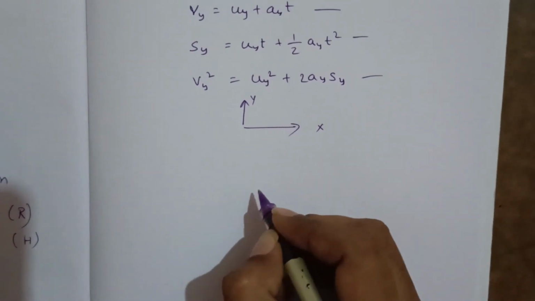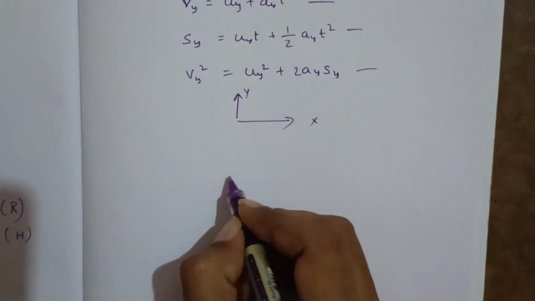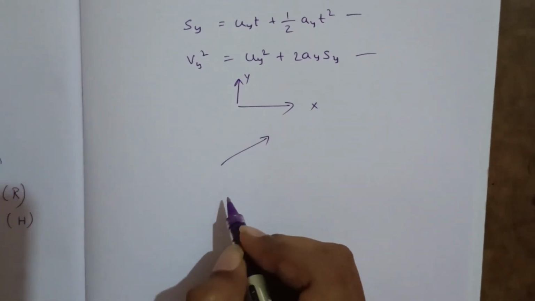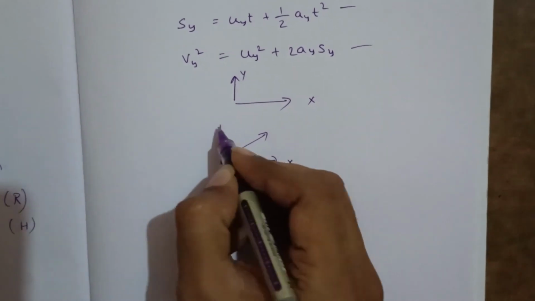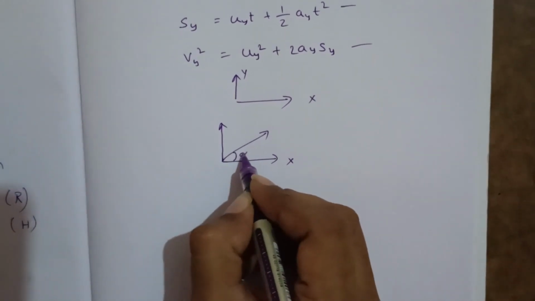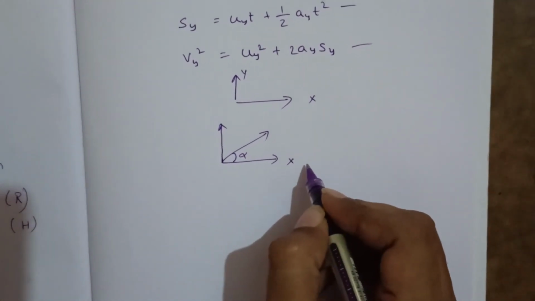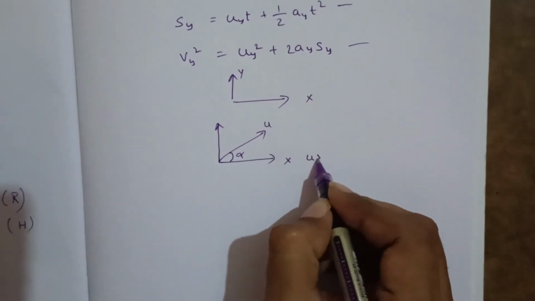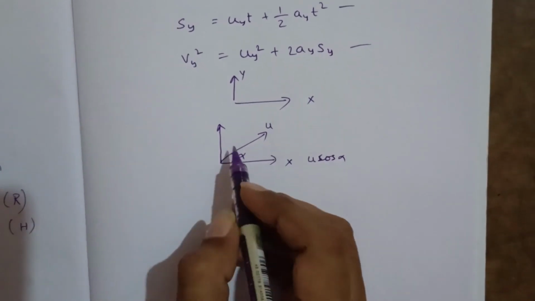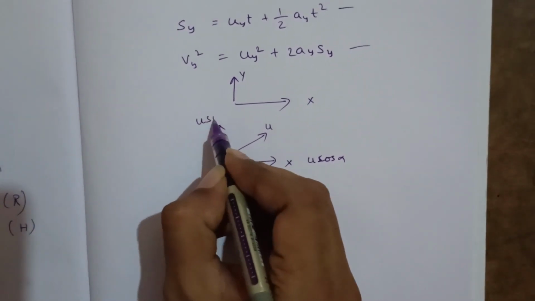The velocity of the particle, for example if projected like this, can be resolved into two components. If it is making alpha with the x-axis, then the x component is u cos alpha and the y component is u sin alpha.